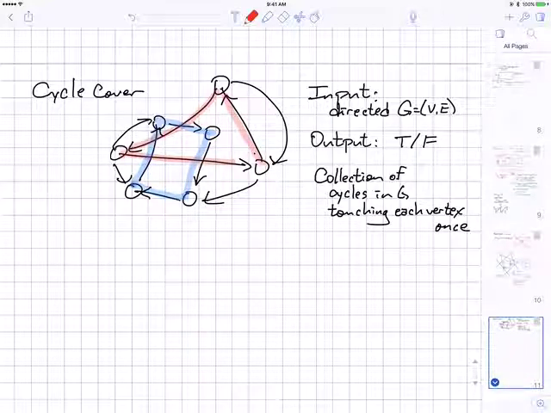How would you describe it in terms of data structure? Yeah. Sets of edges. Right. But can you be more specific? Have a set of the edges of one cycle, a set of the edges of the other cycle. Right. And how would you implement that?